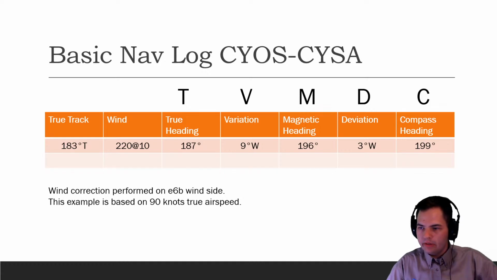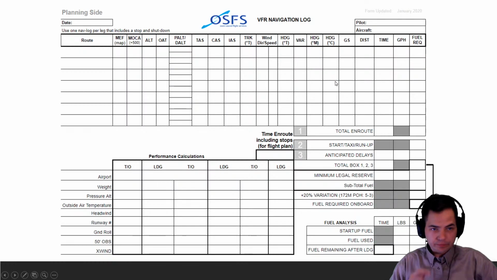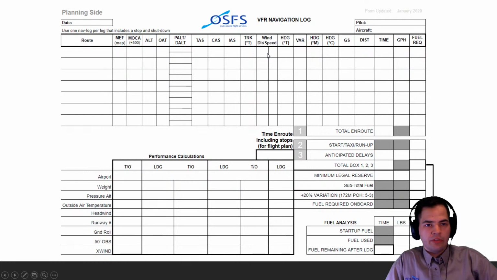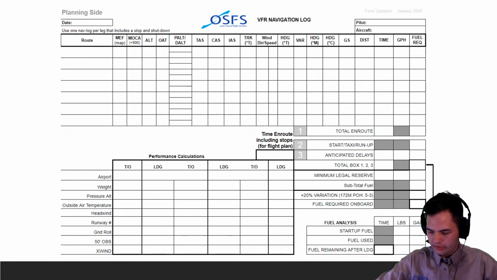Somewhat related, when you're filling in a navlog, let me go back here. You've got lots of different time and distance and ground speeds and airspeeds and fuel, and then fuel over time and that sort of thing. I want to look at some formulas to do with this.